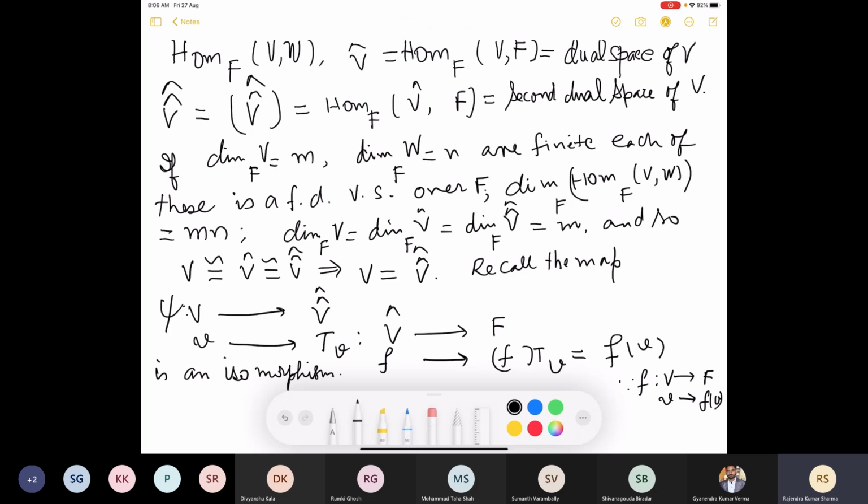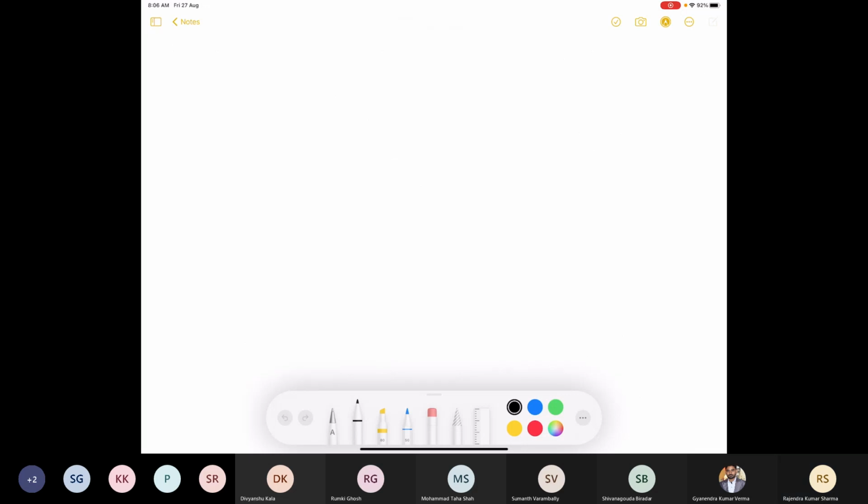Okay, so the basis also, we have proved that if B is a basis, let us say v1, v2, say vn or vm, whatever, it is an ordered basis.